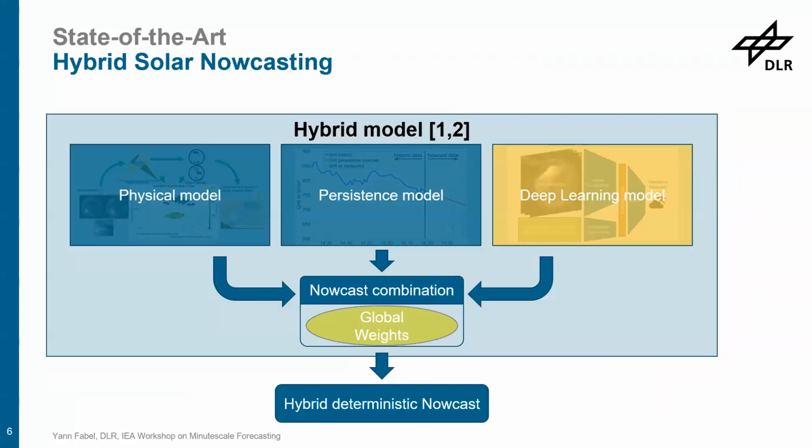So just a few words about the hybrid model, because that's what we are going to compare our generative model with in terms of ramp event detection. This hybrid model is also a blending model, as we have already seen in presentations from yesterday, but here we only use sky images.